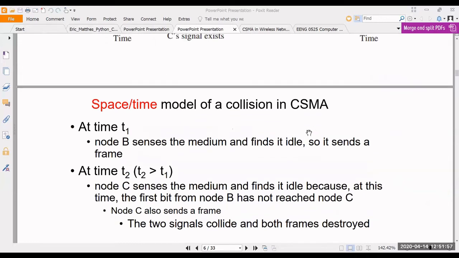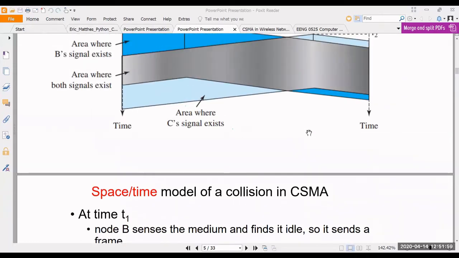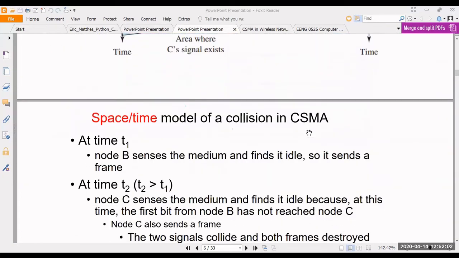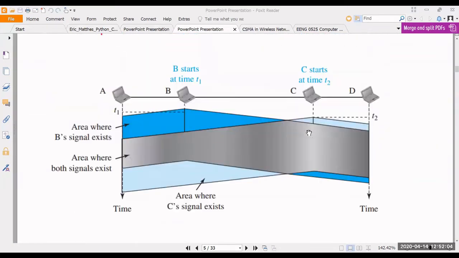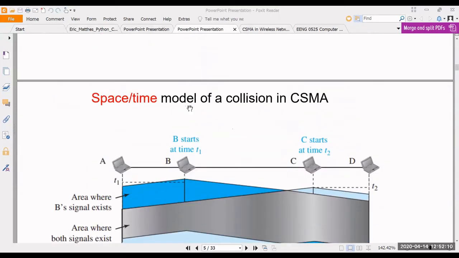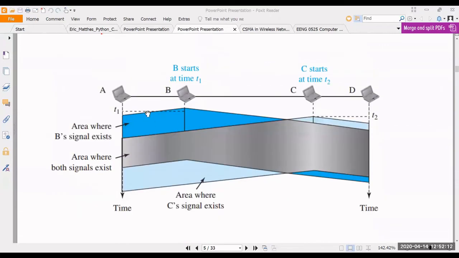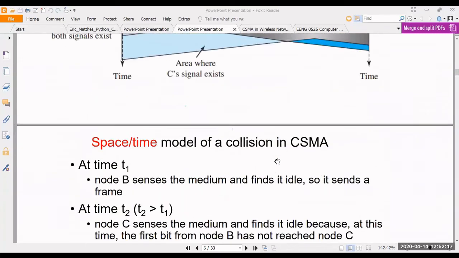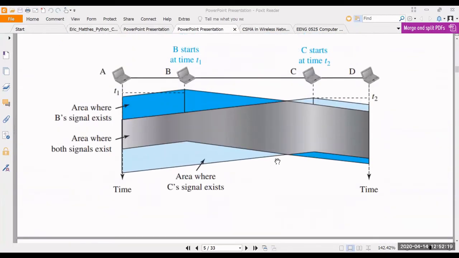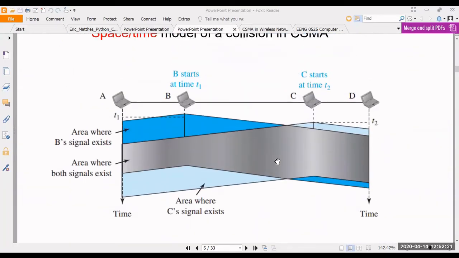So with the illustration we just did, let's use this idea to discuss the whole CSMA technique of transmitting. We can see that at a particular time T1, assuming B wants to transmit frames onto the line, and C also has frames it intends to put on the line.